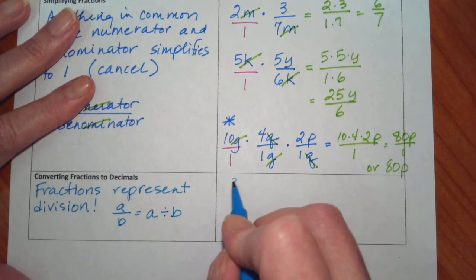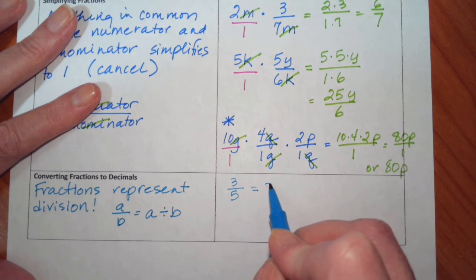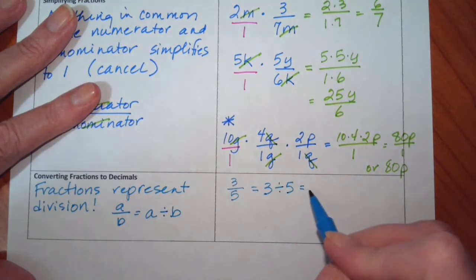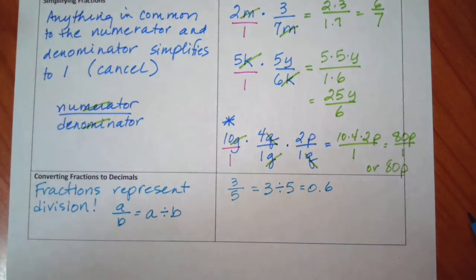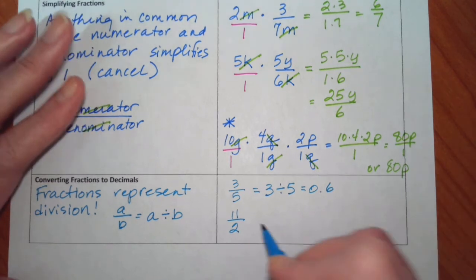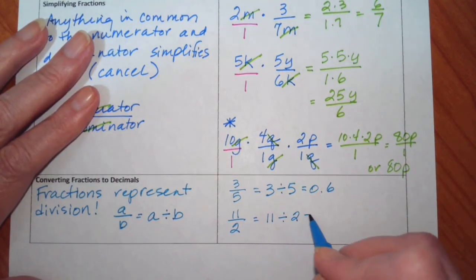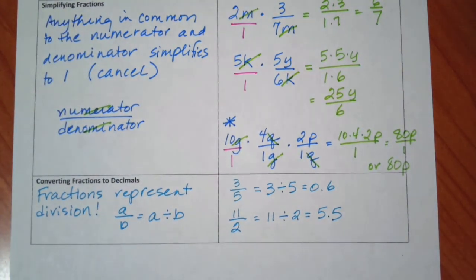So for example, if I have 3 over 5, that would be the same thing as 3 divided by 5. And if I put that in my calculator, I get 0.6. By the same token, if I have 11 halves, what that really means is 11 divided by 2, and again, I get 5.5.